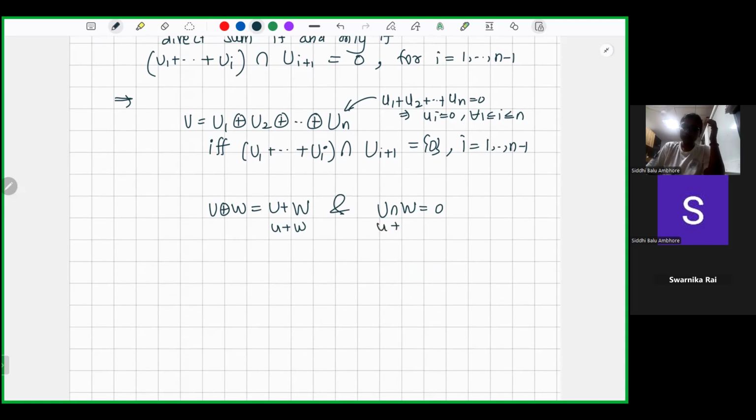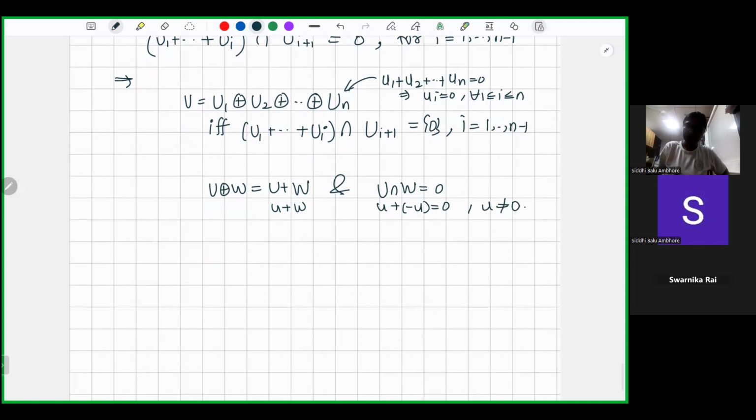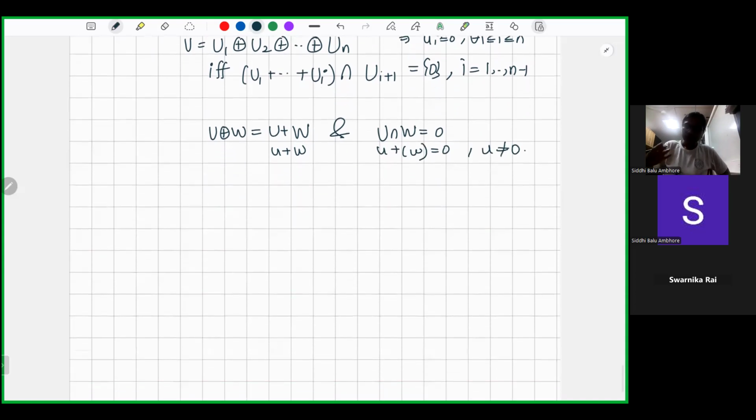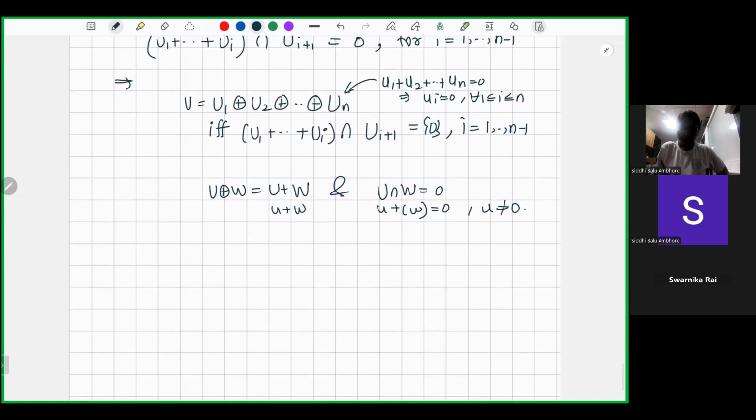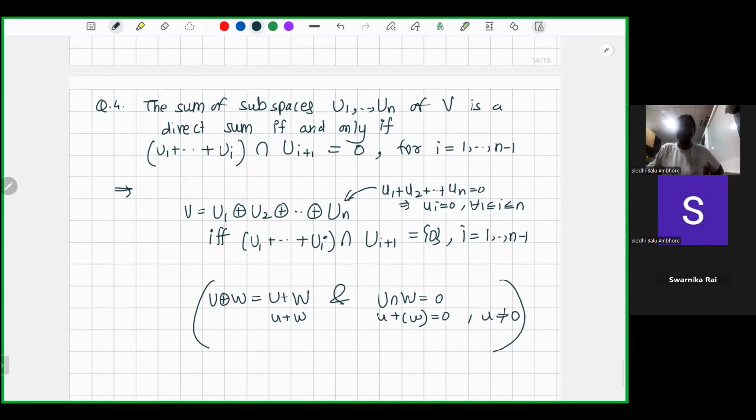This u plus this minus u will give me 0. And that is something which I don't want here with u non-zero. Please try to understand what I'm saying here, okay?